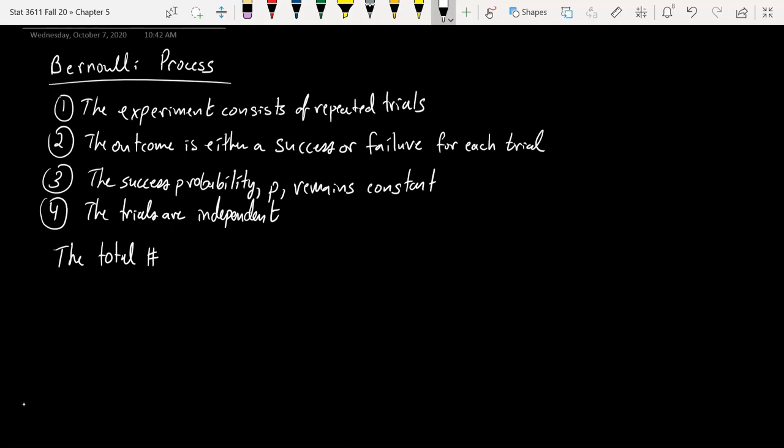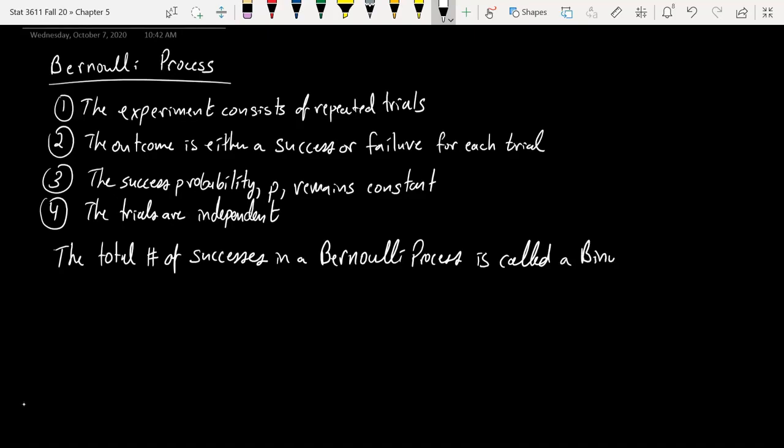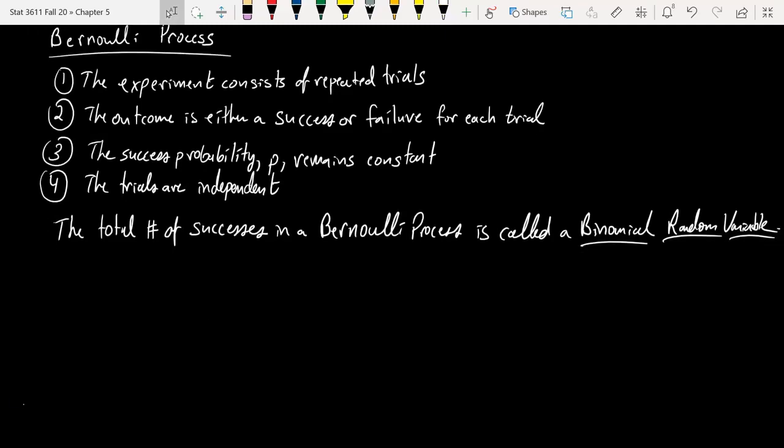So if X is counting the total number of successes in a Bernoulli process, that is called a binomial random variable. A binomial random variable counts the number of successes that you have in a Bernoulli process.